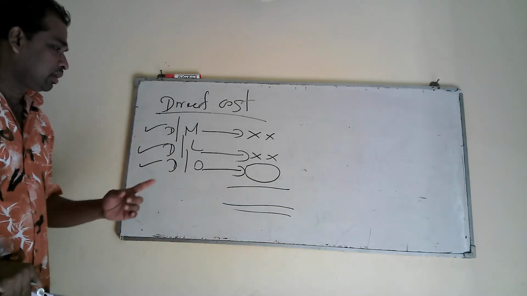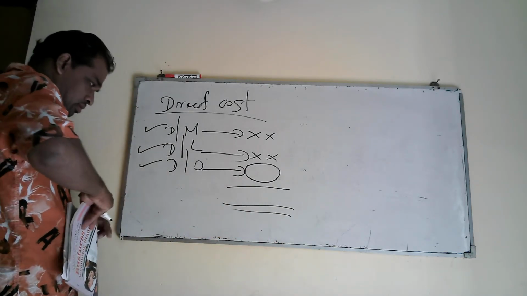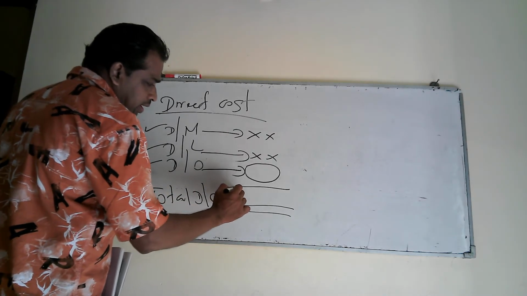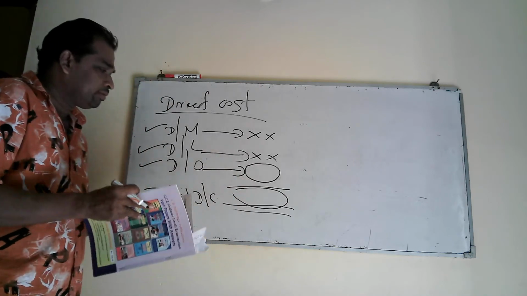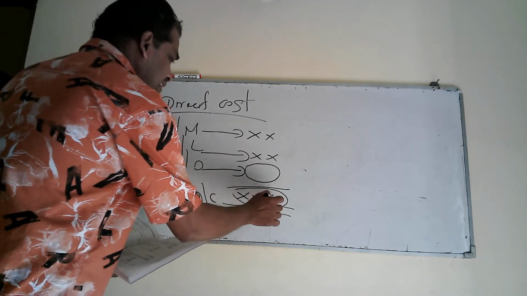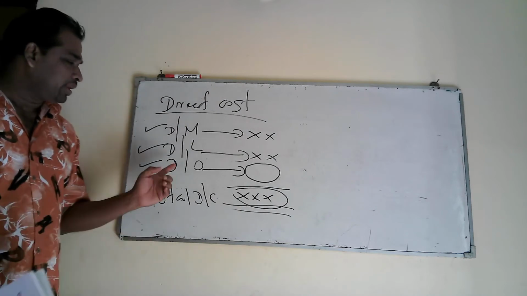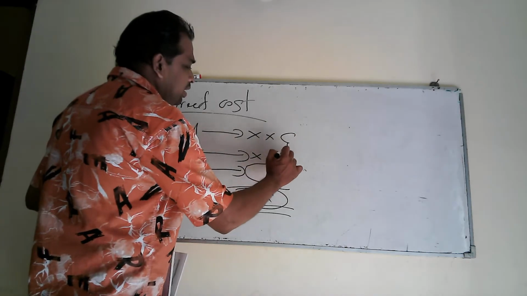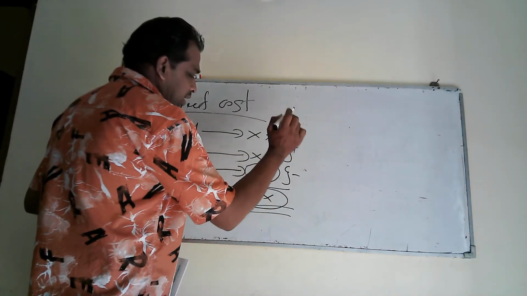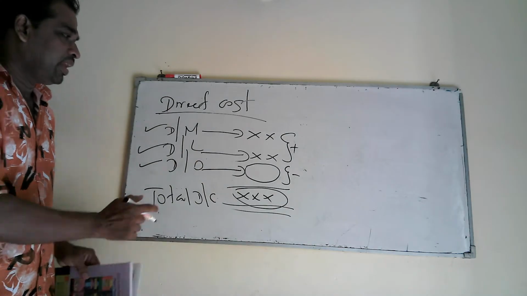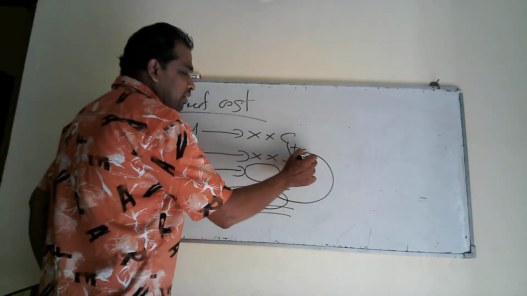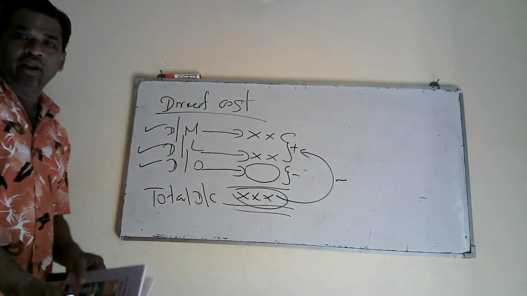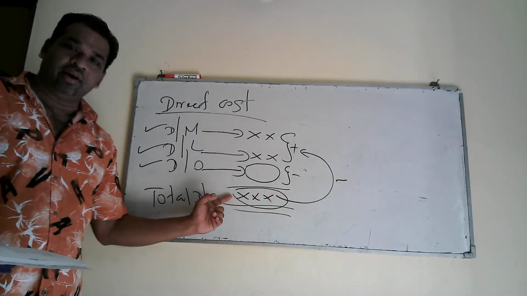If you are given total direct cost here, then how to calculate direct other cost? You just take the addition of these two and deduct it from the total direct cost.